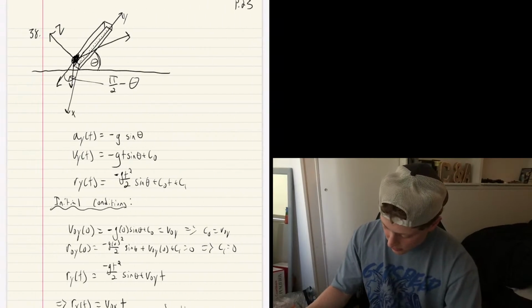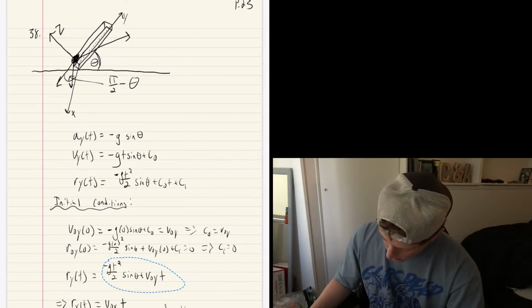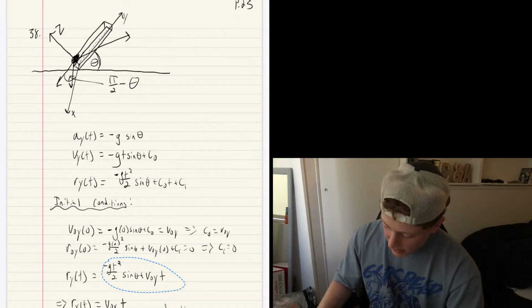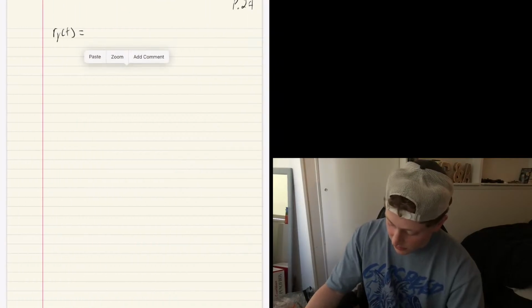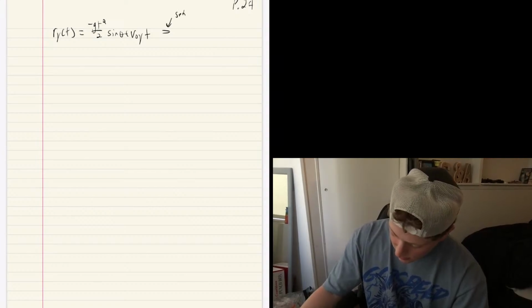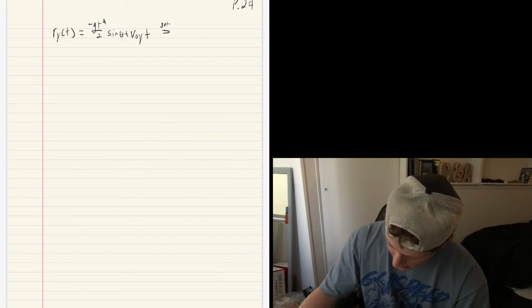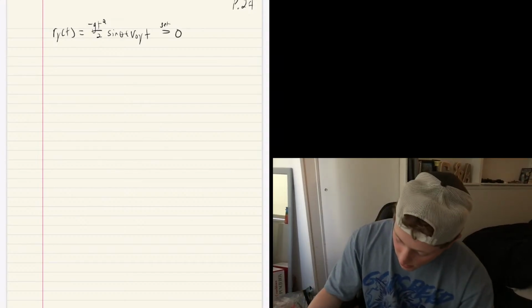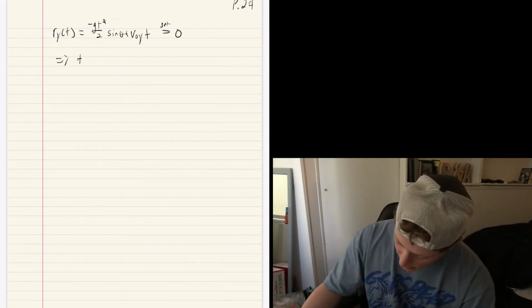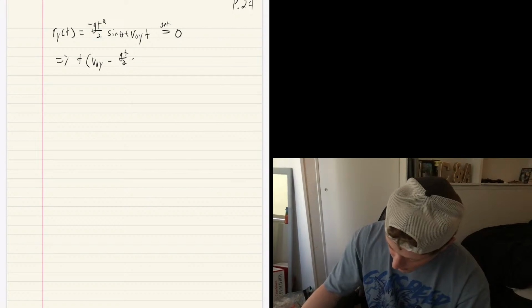So this is equal to negative gt squared over 2 sine theta plus v0yt, and we set it equal to 0. If we pull out a t, we get v0y minus gt over 2 sine theta is equal to 0.